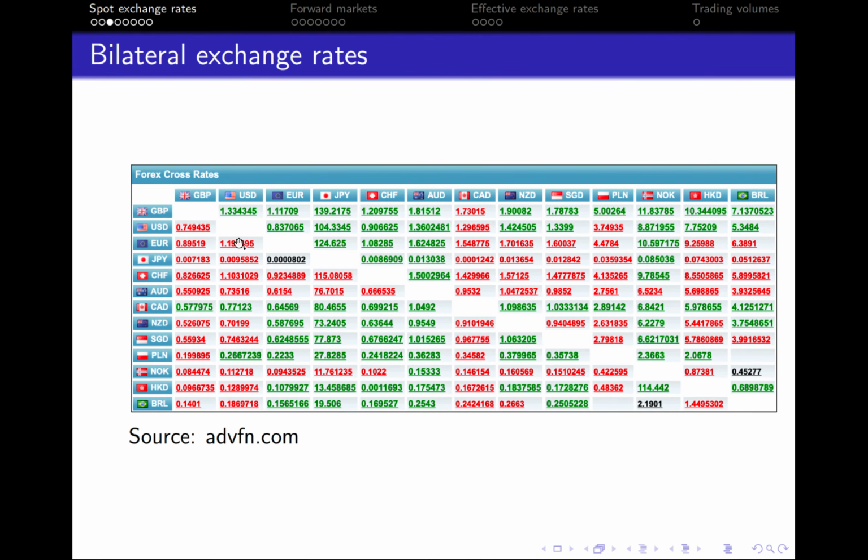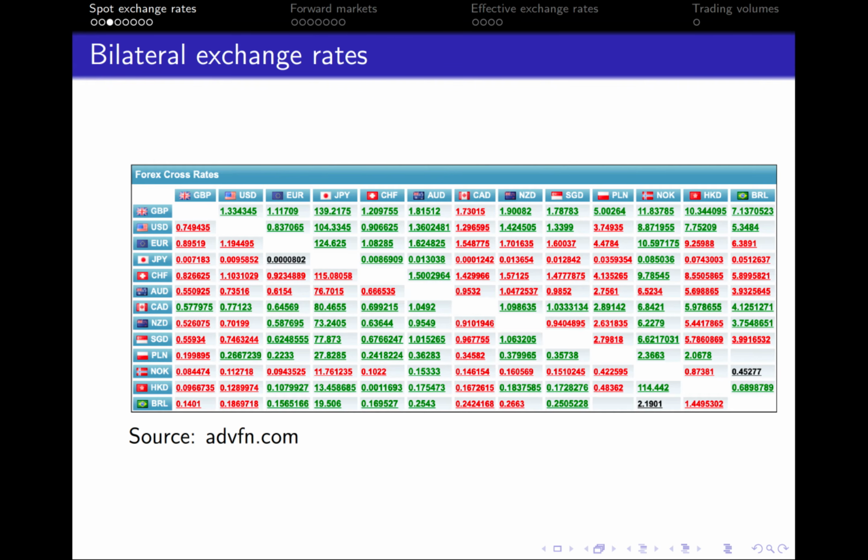Here, for example, for the British pound we see green, green, green, green, green, red, green, green, green, green. Over here, red, green, green, green, red, green, green, red. So what is this telling us is that both the British pound and the US dollar are appreciating against some currencies and depreciating against some other currencies.